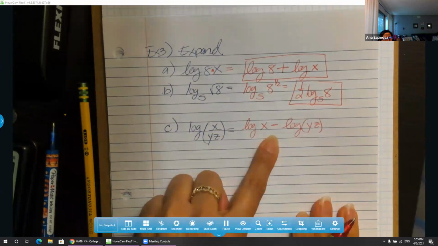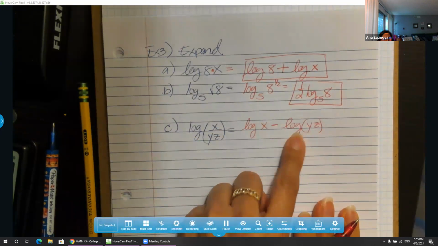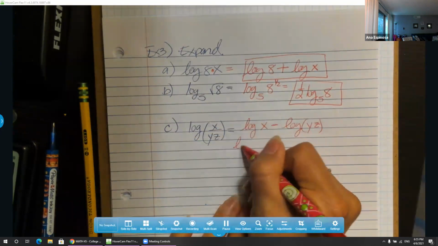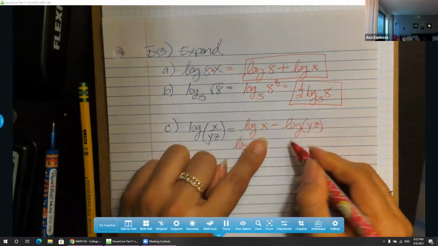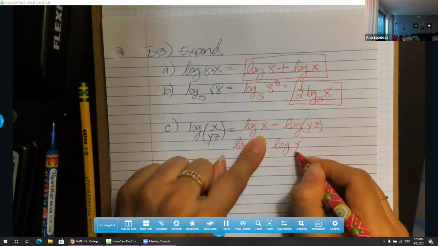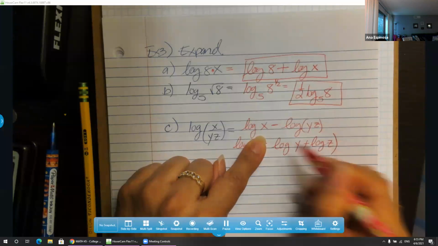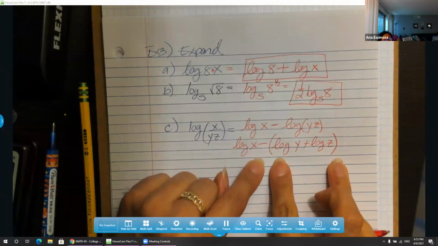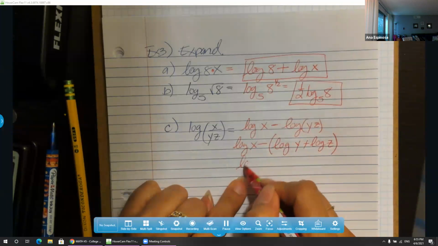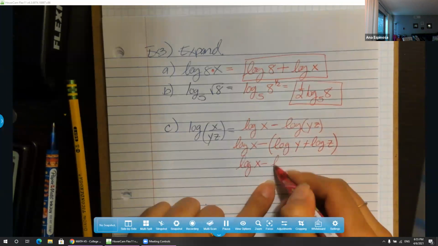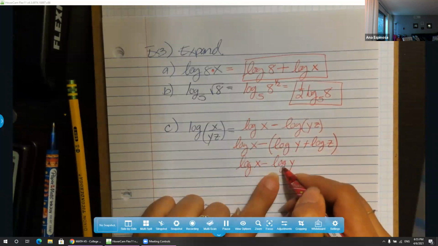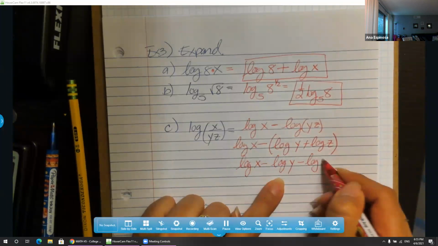Now this one's done, but this one has 2 pieces multiplying. So this is the log of x minus the log of y plus log of z. Now, make sure that you know that these are together. You then have to distribute a minus. So your final answer should look like log of x minus log of y minus the log of z.